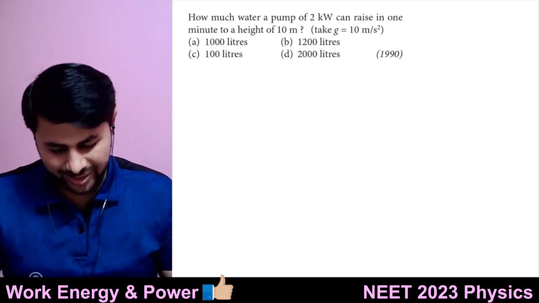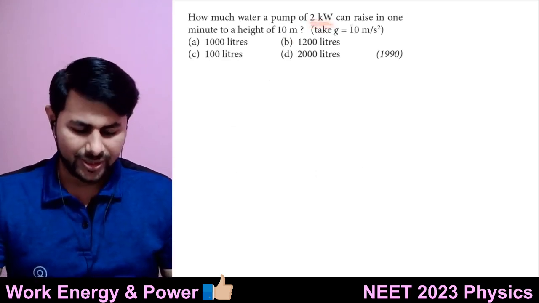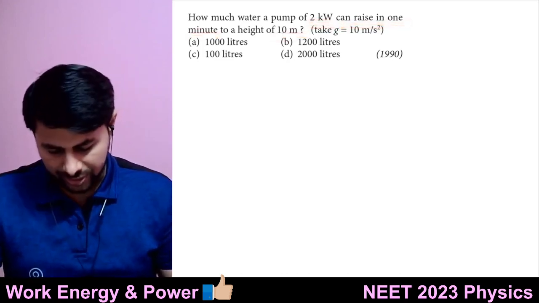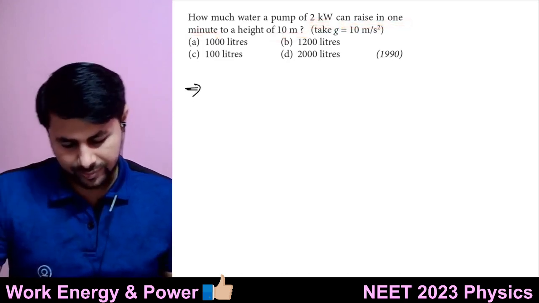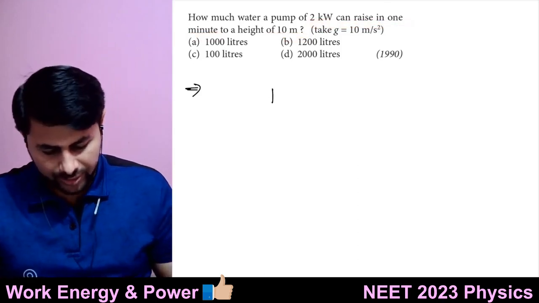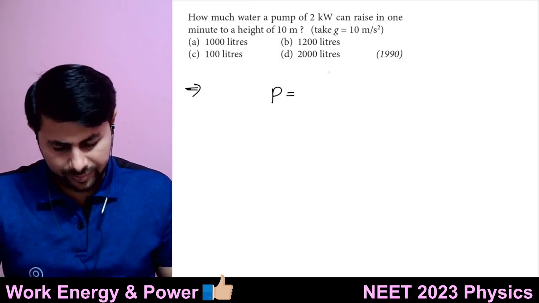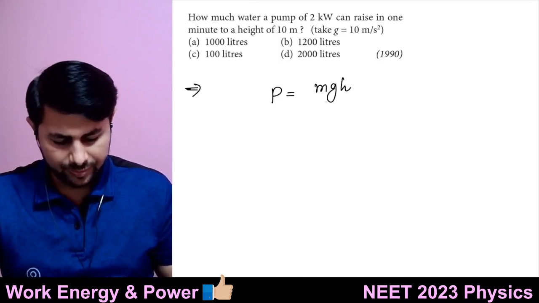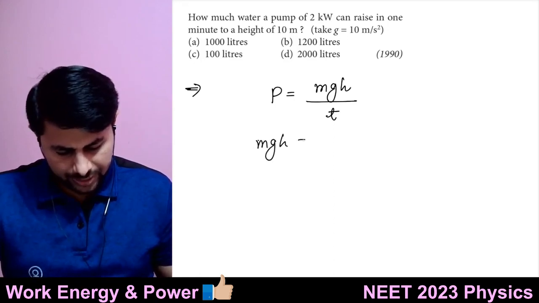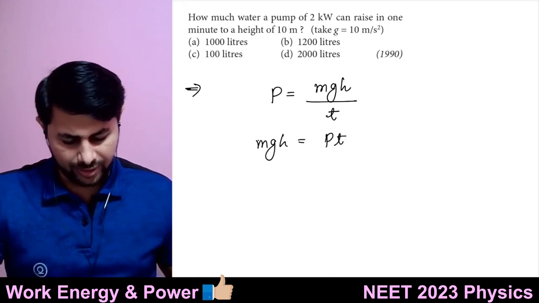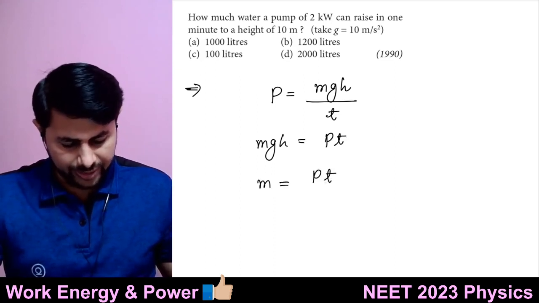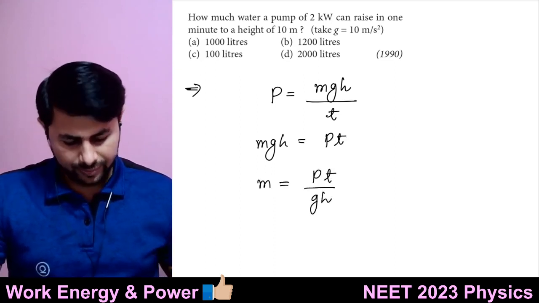So how much water can a pump of 2 kilowatt raise in 1 minute to a height of 10 meters? This is the question. So 2 kilowatt is the power. So power is equal to mgh upon T. So mgh is equal to power times T. So mass is equal to what? P times T upon gh, right?